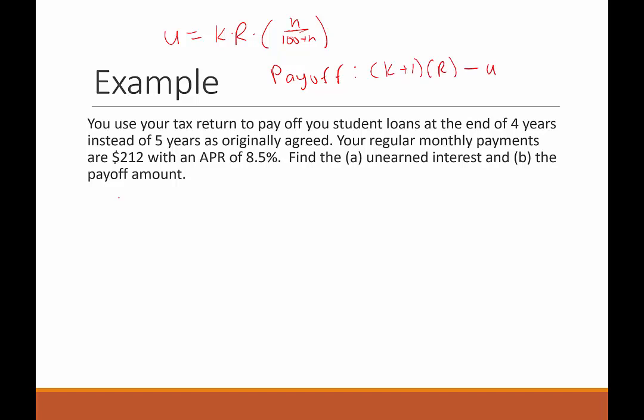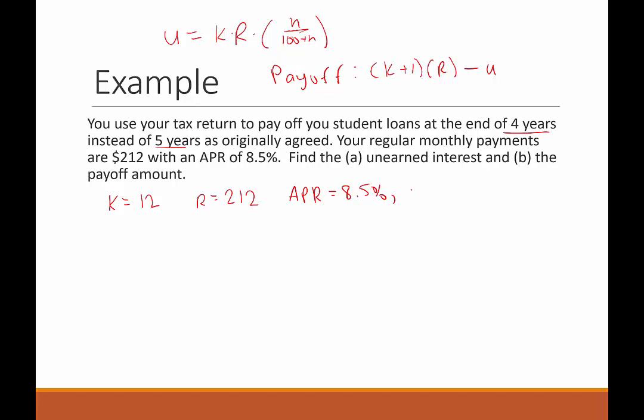So what is k? You're going to pay it back at the end of 4 years instead of 5 years, so that would be 60 minus 48. k is 12. R is the regular monthly payment, and you're paying $212. H we need to figure out, so we're going to figure out H based on the APR of 8.5% and how many months we're not paying as a result of this.